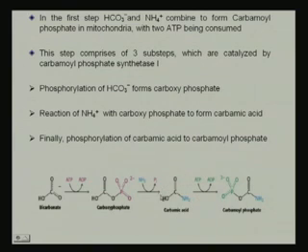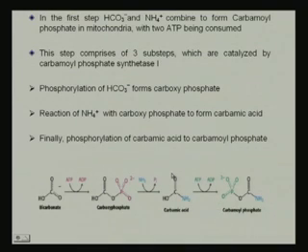When this carbamic acid is formed, another molecule of ATP is coming and donating its phosphate to this carbamic acid, and ultimately carbamyl phosphate is formed. You see this is the phosphate and this is the carbamyl group, and carbamyl phosphate is produced, which is the end product of this first step of the urea cycle.